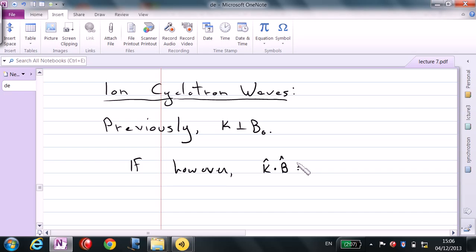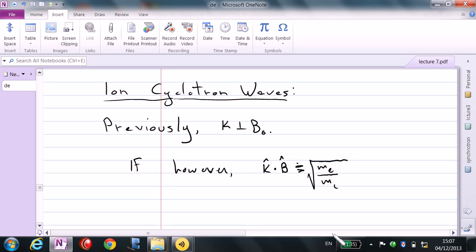Suppose it's equal to or greater than the square root of m sub e over m sub I, which is a small number. It's the square root of 1836. It's about 43. So k dot b can be nearly perpendicular, but off by 1/43 of a radian, which is like 1.5 degrees.